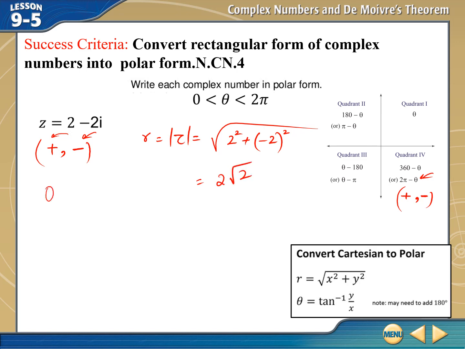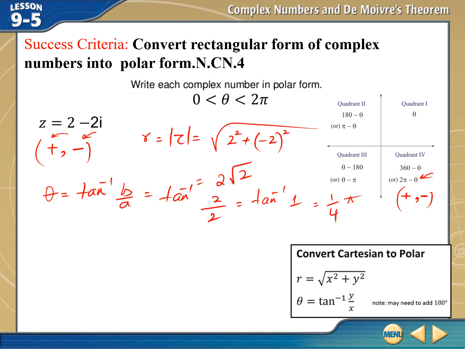Now find out the theta, which is tangent inverse of y over x or b over a, and you have to take the positive numbers of b and a, and it would give you tangent inverse 1. So find out please what is tangent inverse of 1. I guess it is 1 over 4 pi. It could be, as much as I remember. Yes, it is equal to 1 over 4 pi.